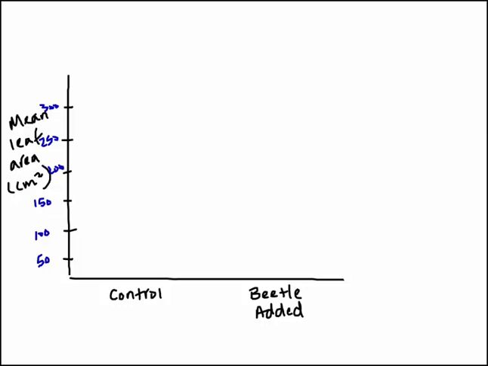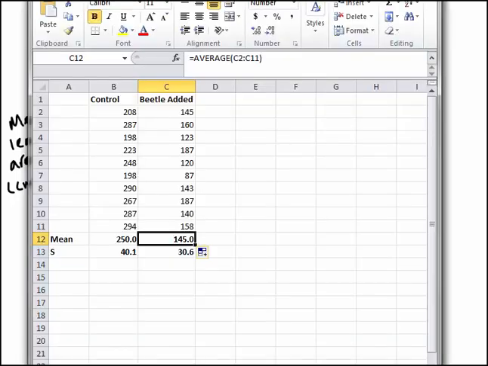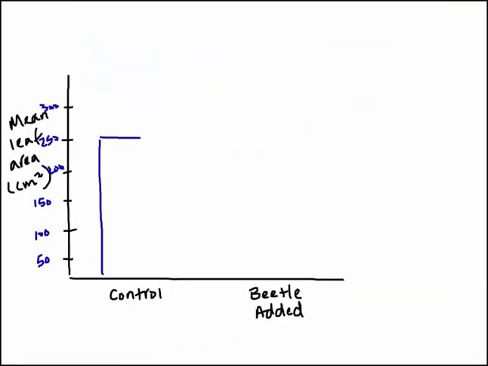If you remember, the control was a mean of 250, and the beetle added group was a mean of 145. 250 is about here, and then 145 would be somewhere around here. So once again, you could look at these bars and say, well, that looks different, right?